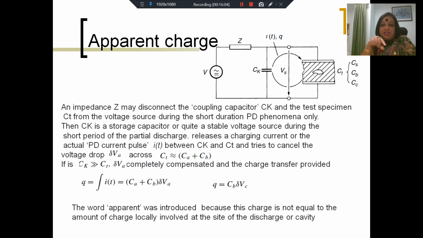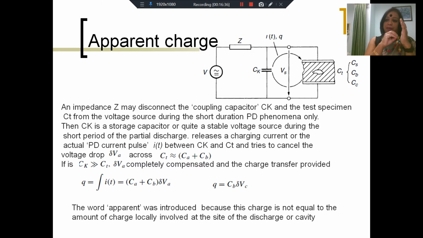Remember here, the test specimen does not totally discharge. It is only a small void inside the test specimen which is discharging, and as a result, a current pulse is obtained in the external circuit. The integration of this external current pulse gives you the quantity Q, and therefore it is the apparent charge magnitude. So remember, PD is always characterized by an apparent charge quantity or apparent PD magnitude, which is a measure of the PD involved.